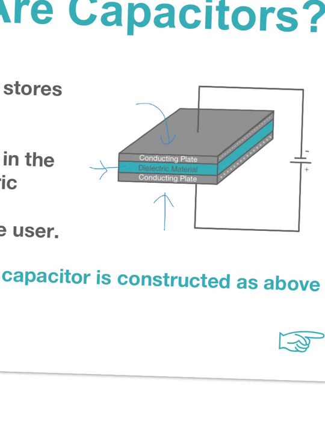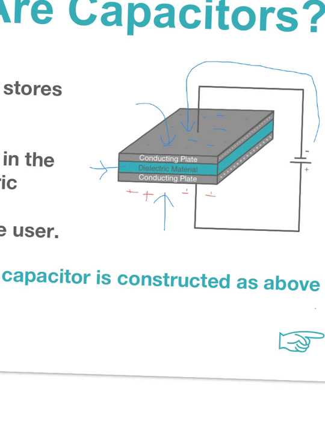Now, as you switch your battery on, let's assume electron flow rather than conventional current, the electron flow begins, and the electrons that cannot go anywhere else accumulate on the plate. So this plate becomes very negatively charged. Your positive charges accumulate on the bottom plate.